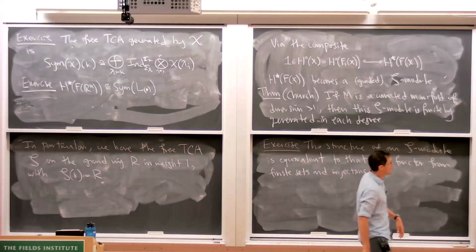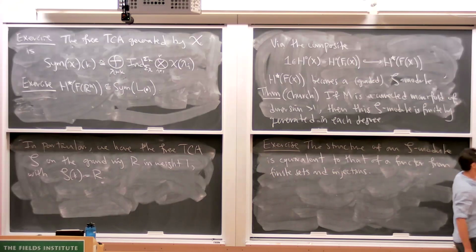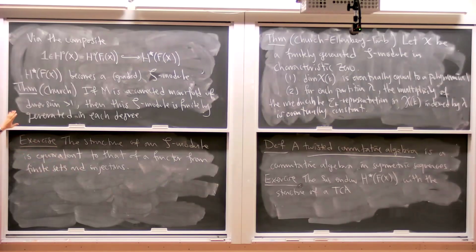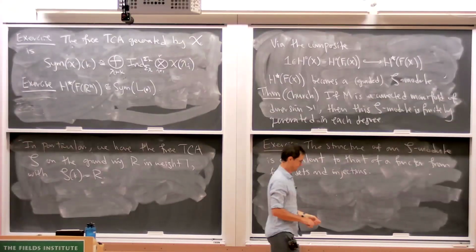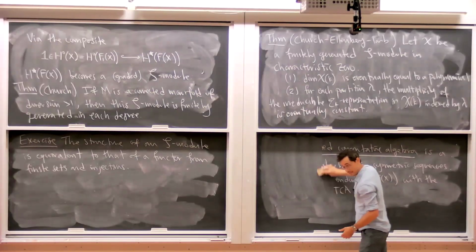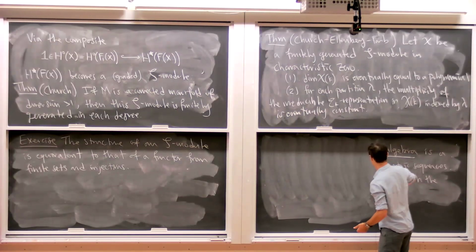Okay, so we want to prove that the cohomology of the configuration spaces of a manifold with these assumptions is finitely generated as an S module. That's what we'd like to do. And so, of course, the question that we must ask ourselves is, how would we know when an S module is finitely generated?